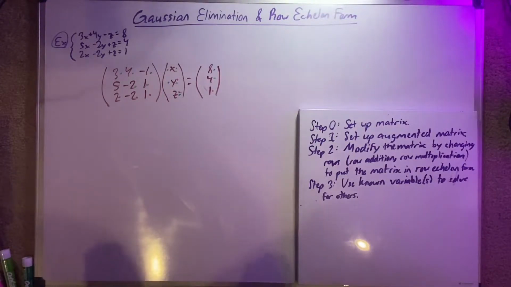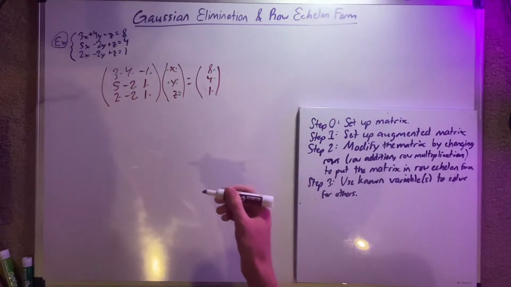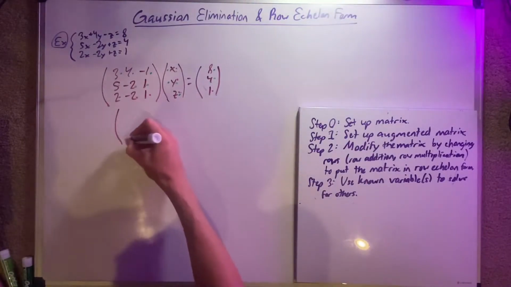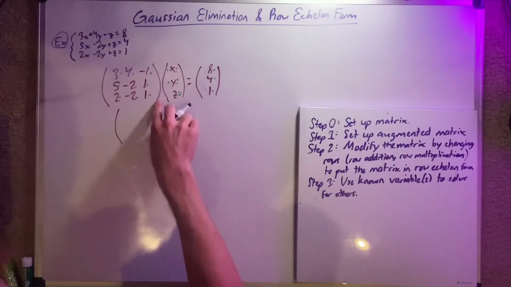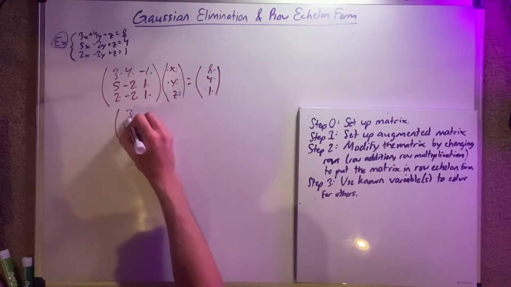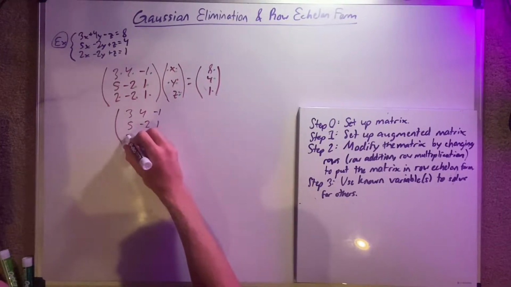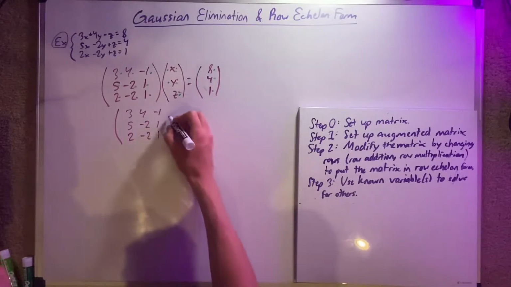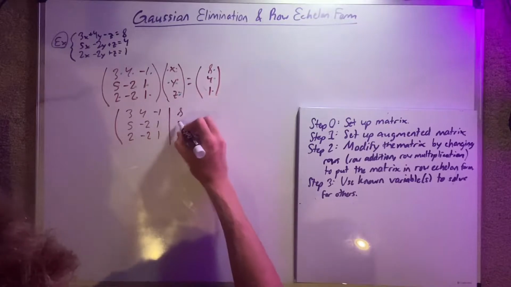Okay. Now that we have this set, we can set up our augmented matrix. Our augmented matrix is going to look simpler than that. It's going to be this simplified. We're going to have all of our coefficients again, and then a line here that represents the equal sign, and then all of our finals.